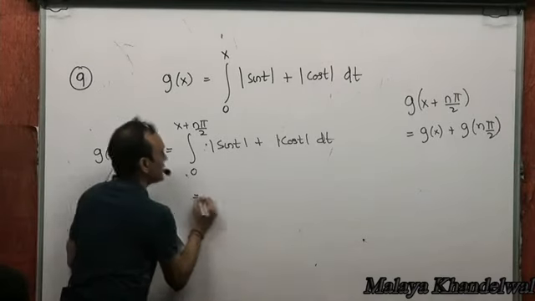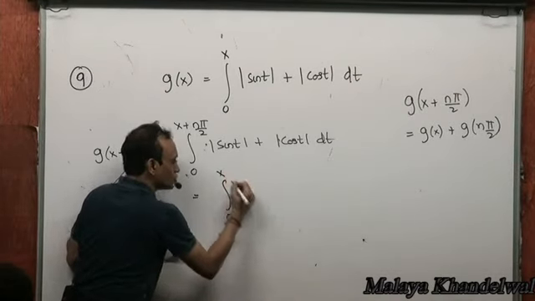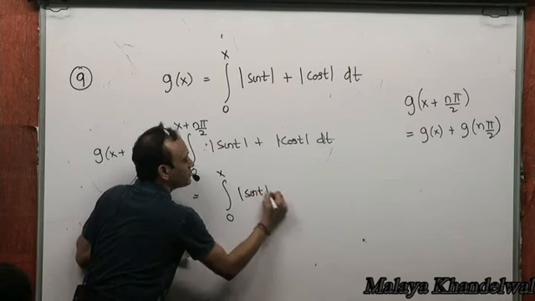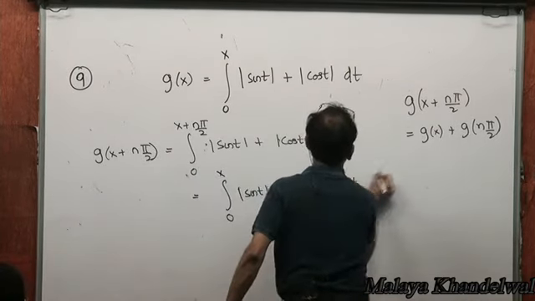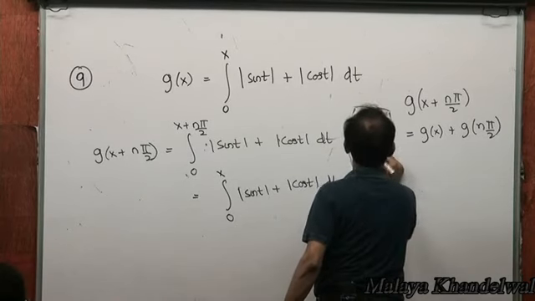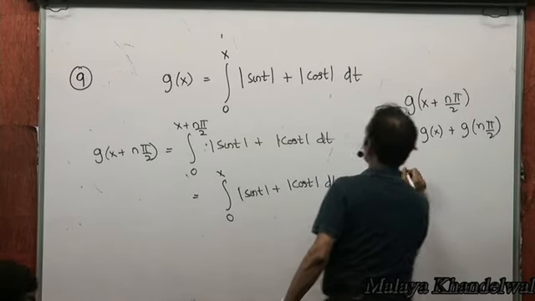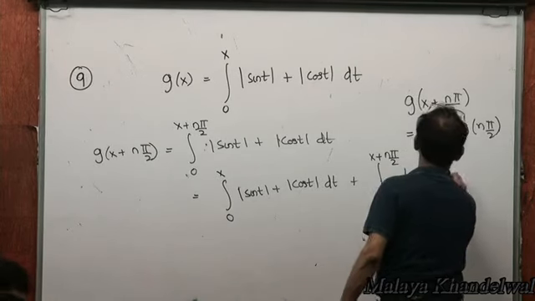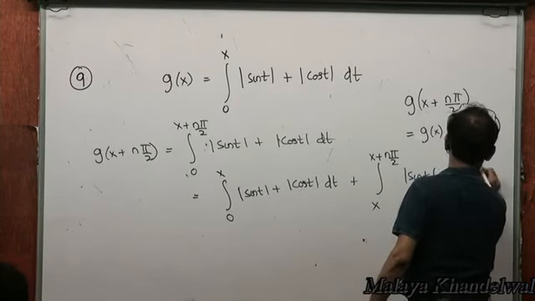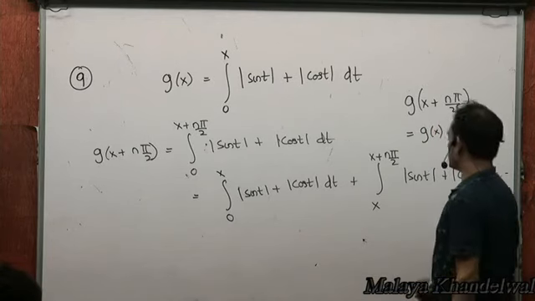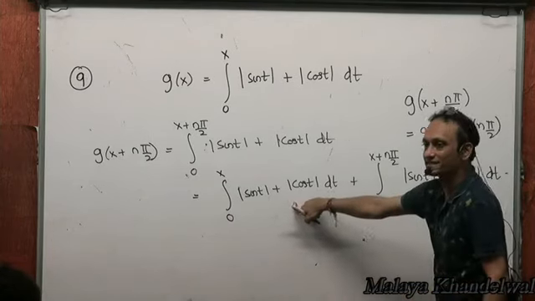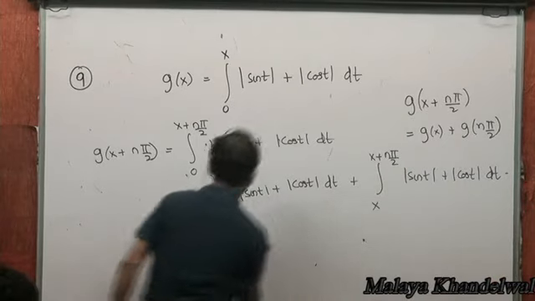This could have been written as the integral from 0 to x of mod sine t plus mod cos t, plus the integral from x to x plus n pi by 2 of mod sine t plus mod cos t. This first part will be g of x.